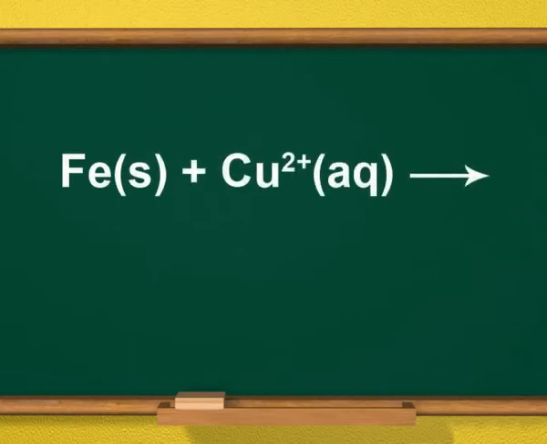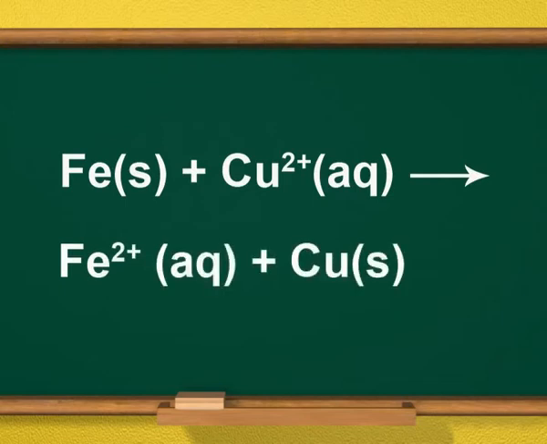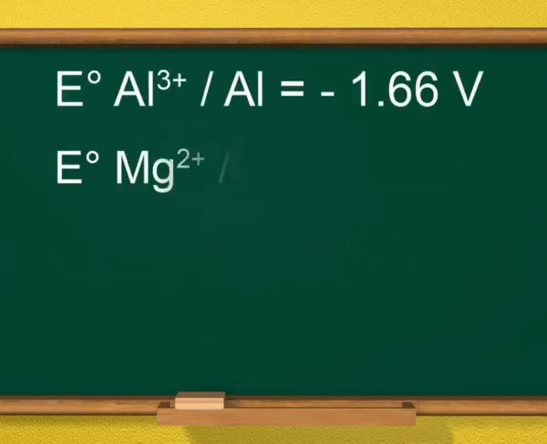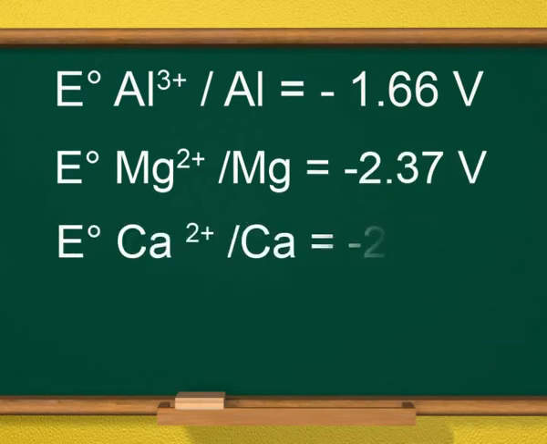Iron in solid state reacts with copper ions to form ferrous ions in aqueous state and copper in solid state. In contrast, to displace zinc from solution of zinc ions, we need a more reactive metal than it, that is aluminium, magnesium, calcium, potassium.